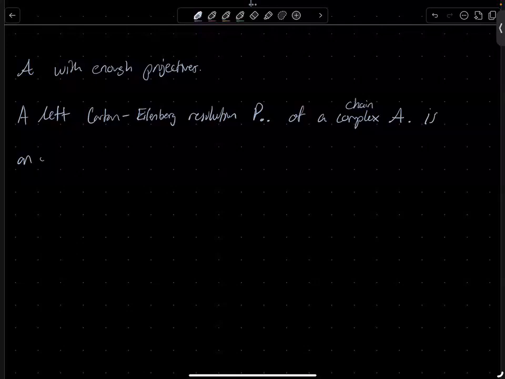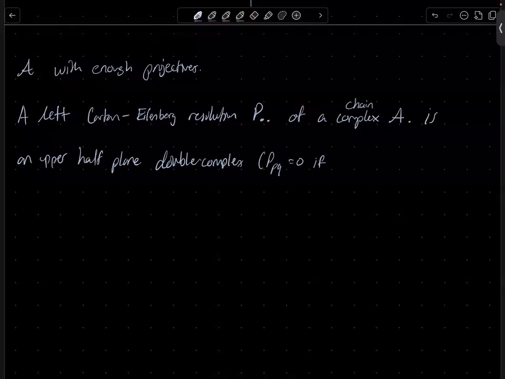It is an upper half plane double complex, so here that means PQ is equal to 0 if Q is less than 0, and these are made of projective objects. And there's also a chain map that goes P bullet 0 into A bullet.